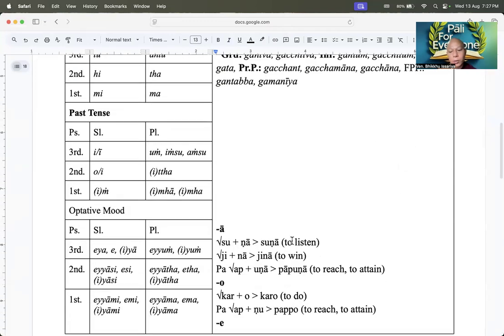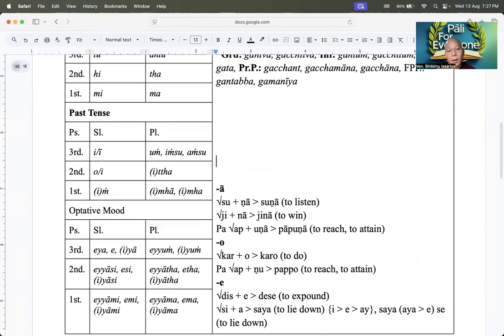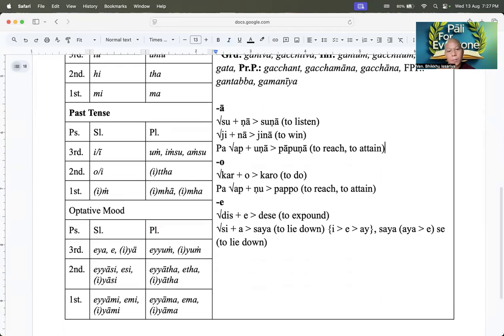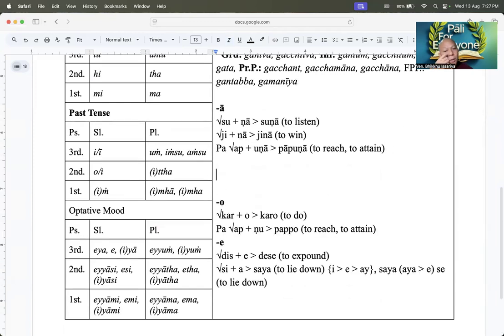Okay, now let's go to those ending in the R base. So actually suna. For the present tense it is the same actually, not so complicated, like suna di and then sunan di and so on, etc. Okay.